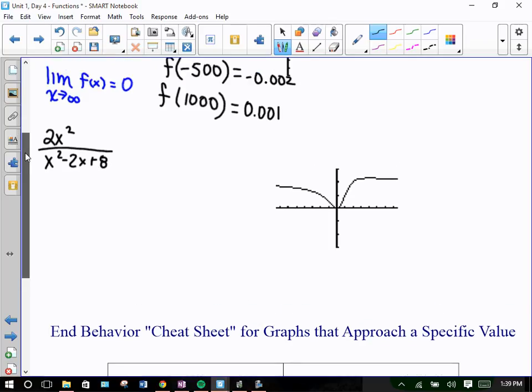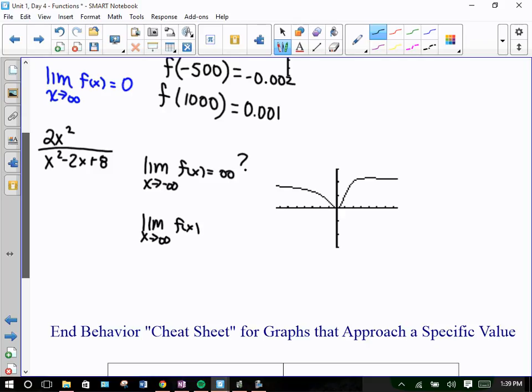I heard someone say that the limit as x approaches negative infinity of f of x is positive infinity. I'll put a big question mark here because it's not positive infinity.